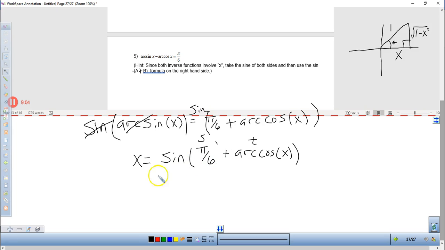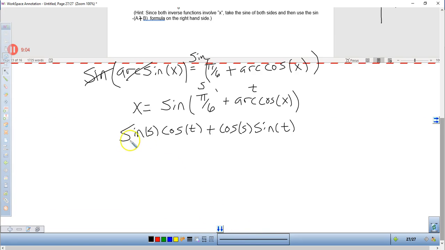Okay, now that I've done that, I can set up the formula. Sine of s cosine of t plus cosine of s sine of t. So I need sine of s, so sine of pi over 6, which is sine of 30, is 1/2.